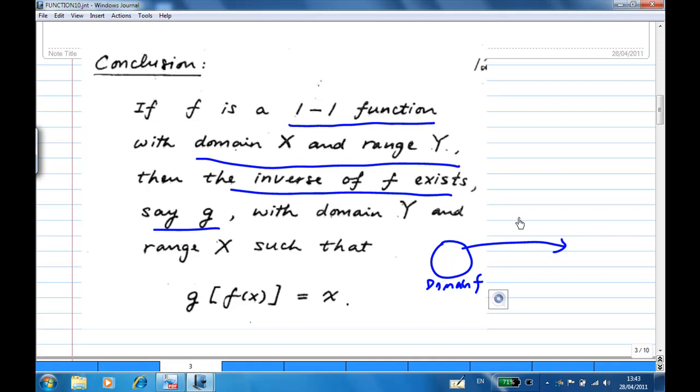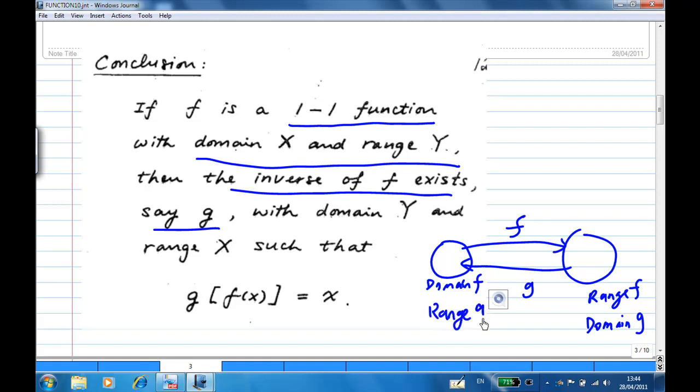applied by function f to get the range of f. The inverse function of f, suppose f has an inverse, then this function g will send from the domain of g, which is the same as the range of f, to the range of g, which is the domain of f.